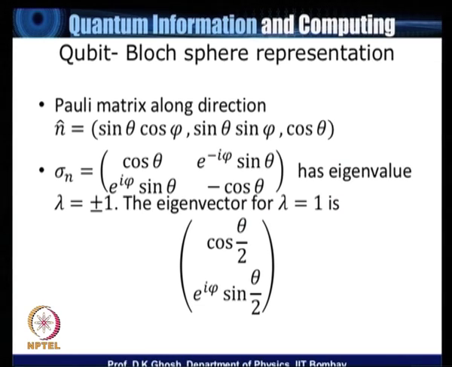Now what we will do in the next lecture is to talk about a representation of the Pauli matrix in an arbitrary direction. So far we have been talking about the spin projection along the z direction.